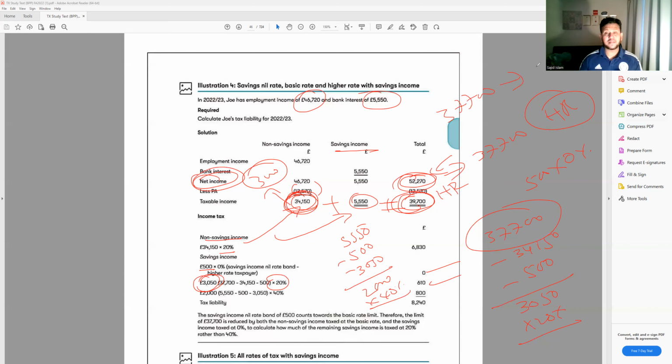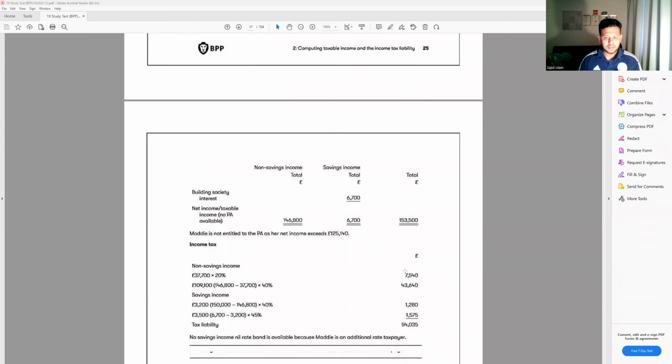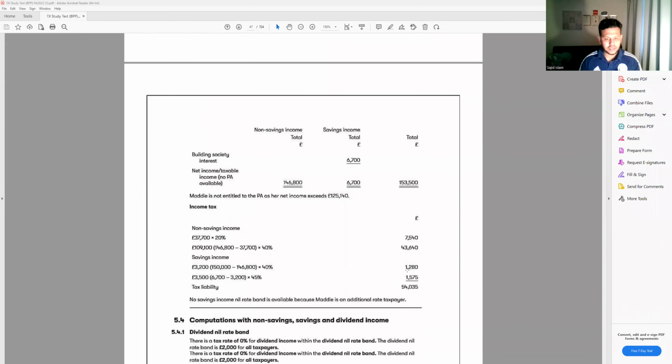If it is more than 37,700, I have to pay 40% tax. That's the reason. 40% on that is 800. So my total tax liability is 8,240. All right, that's not difficult. Let's move to the next one. I think this is also not difficult.